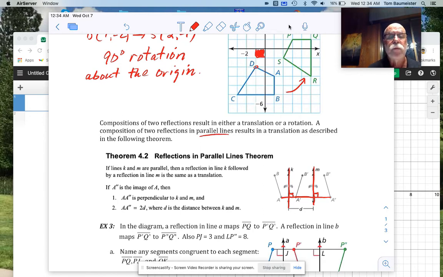All right, and AA double prime is equal to 2D, where D is the distance between K and M. So basically what they're saying is whatever's here, this part from here and this part from here, those two added together would also be D. So kind of think about that.